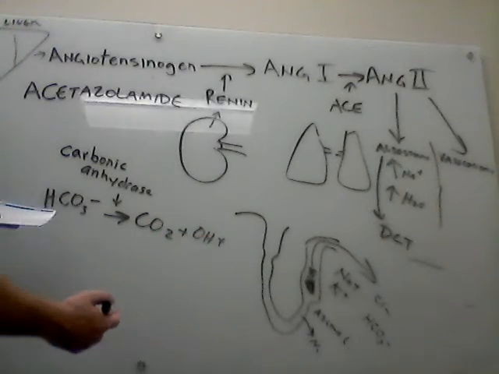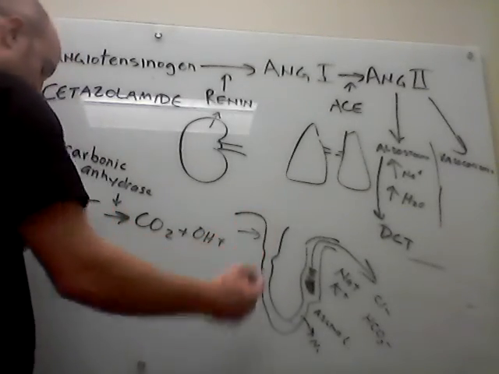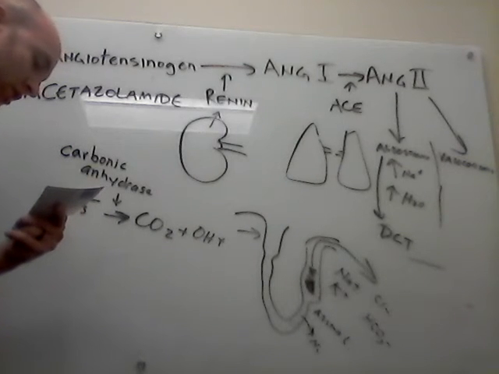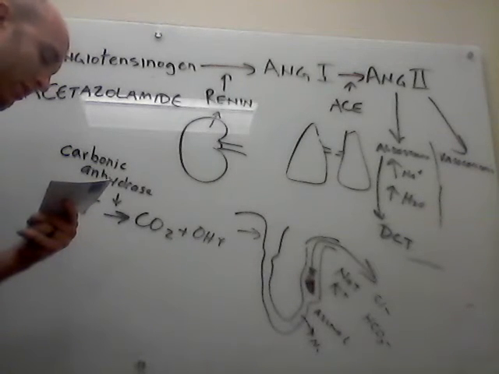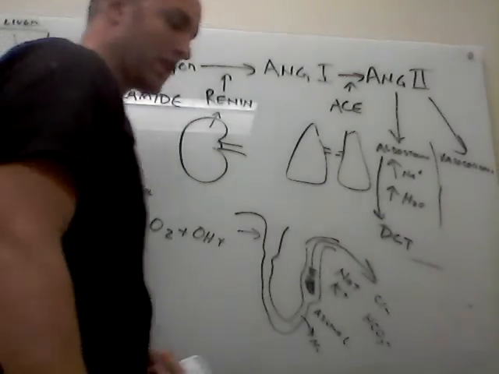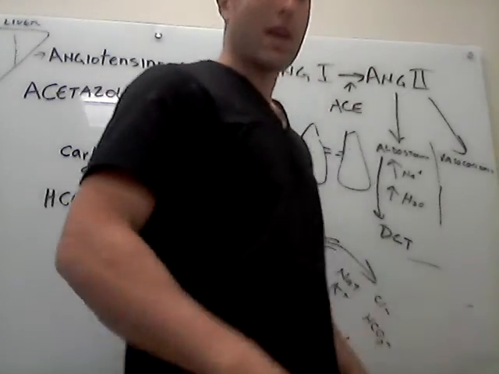Where does it do that? In the proximal convoluted tubule of the kidney. So normally the CO2 then diffuses in the proximal tubule and recombines with OH. Okay, this is a little bit more complicated than some of the other stuff, but essentially, get the general idea.